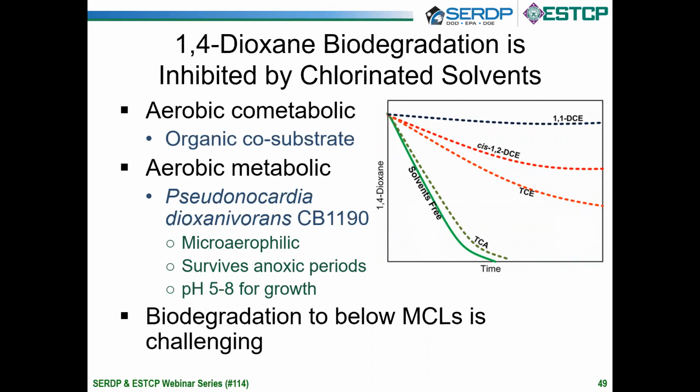And what she showed, or her student showed, is that these chlorinated solvents inhibit 1,4-dioxane biodegradation to different levels. TCA not so much, but there are others that do this really strongly. And from what we know at this point, at least, 1,1-DCE, dichloroethene, is the chlorinated solvent that inhibits aerobic biodegradation of 1,4-dioxane the most.